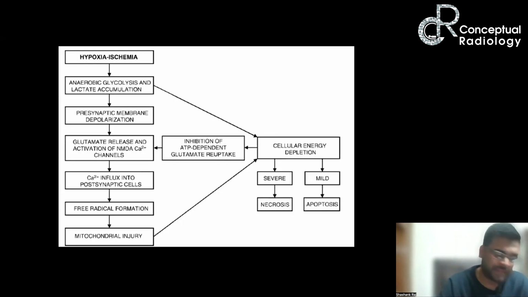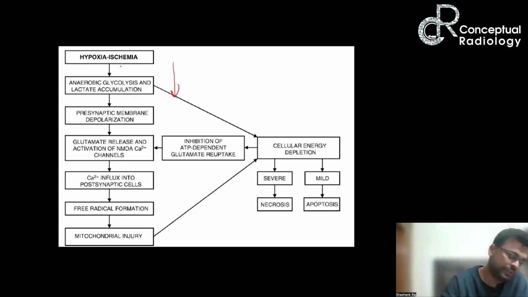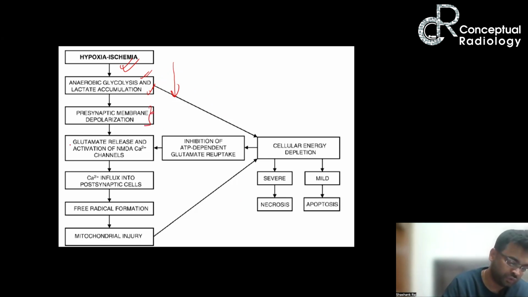So this is another diagram that is illustrating the cascade of events that contributes to brain injury. Again, this is an important diagram for writing in your answer sheets during a theory exam. What happens when there is hypoxic ischemic insult is that the metabolism shifts from oxidative phosphorylation to anaerobic metabolism, and this leads to lactate accumulation, right? This will lead to presynaptic membrane depolarization that will ultimately lead to glutamate release and activation of NMDA calcium channels.